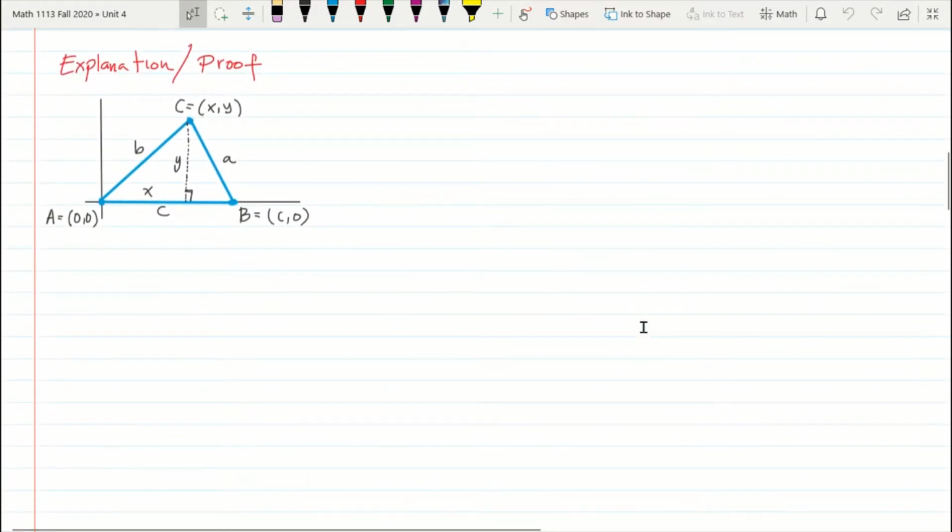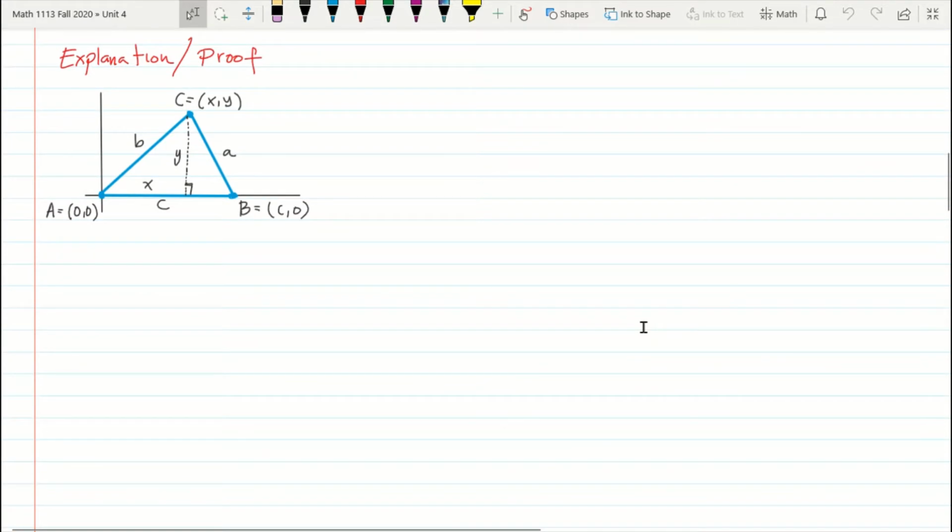So we are looking at a figure like this, right? We have an acute triangle like the ones we've been working with perhaps in the previous section.